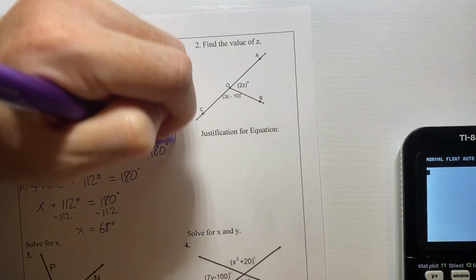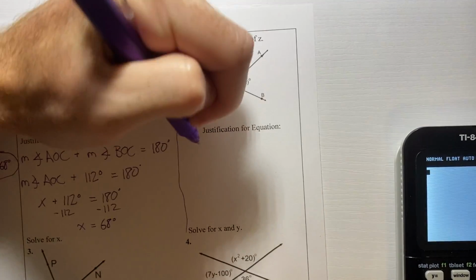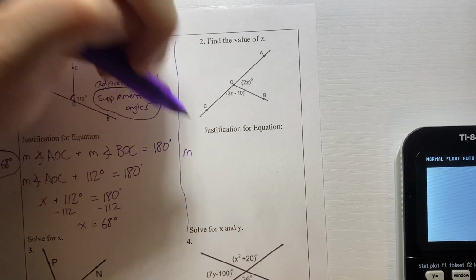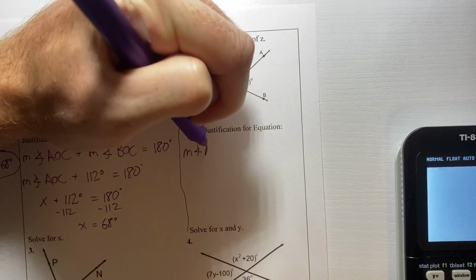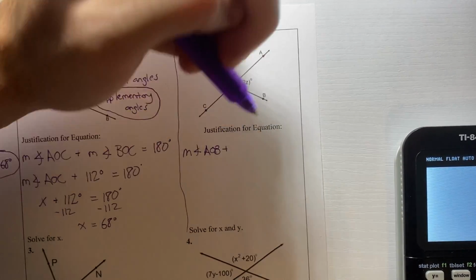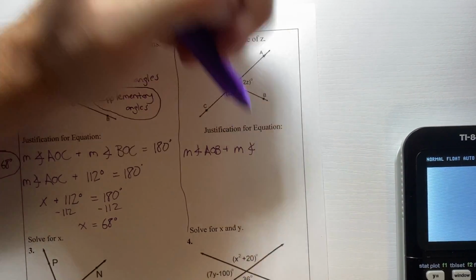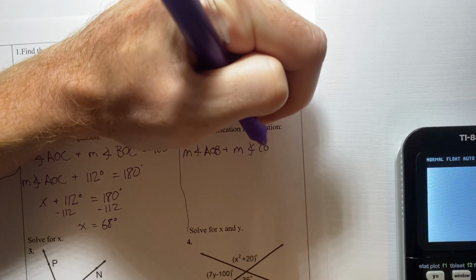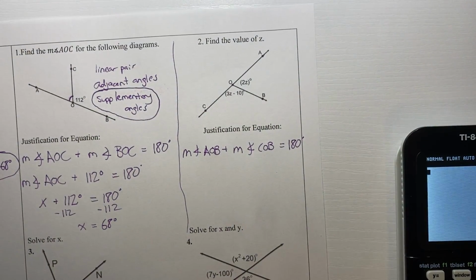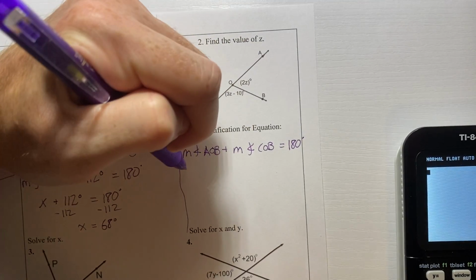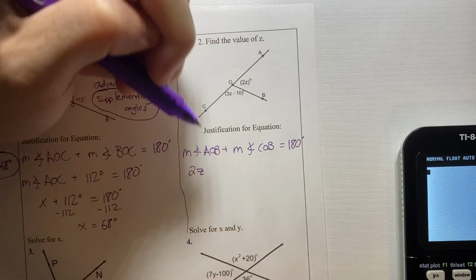I'm going to draw a nice little line right here to separate my work. We have the measure of angle AOB plus the measure of angle COB, and we know that equals 180 degrees once again because they are a linear pair. All right, AOB is 2Z, right?